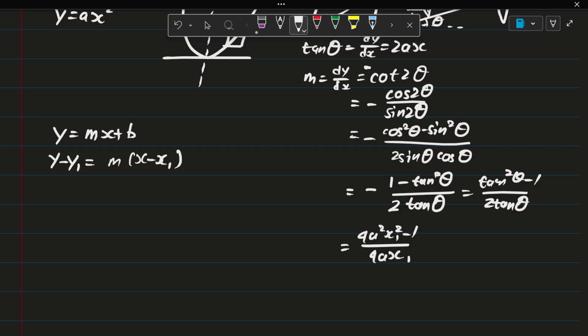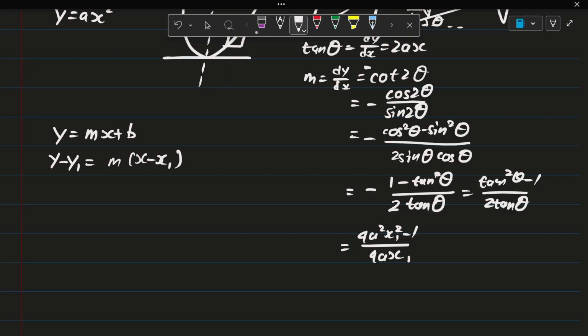This is what you get from pretty much linear equations, in which if you know a particular point within this line as well as the slope, you could figure out the entire equation of your linear equation.